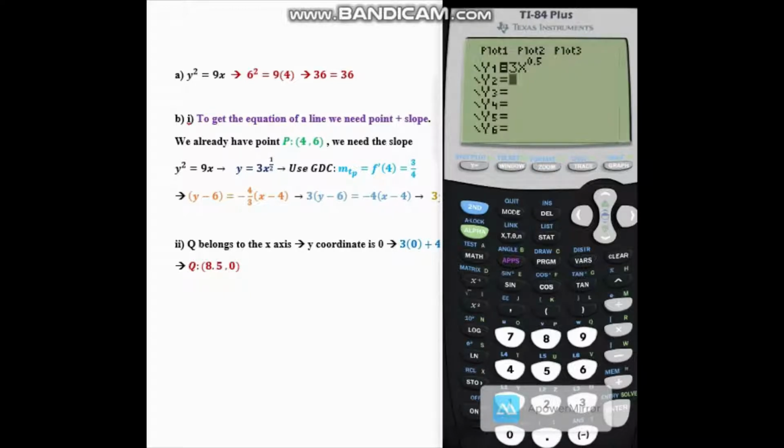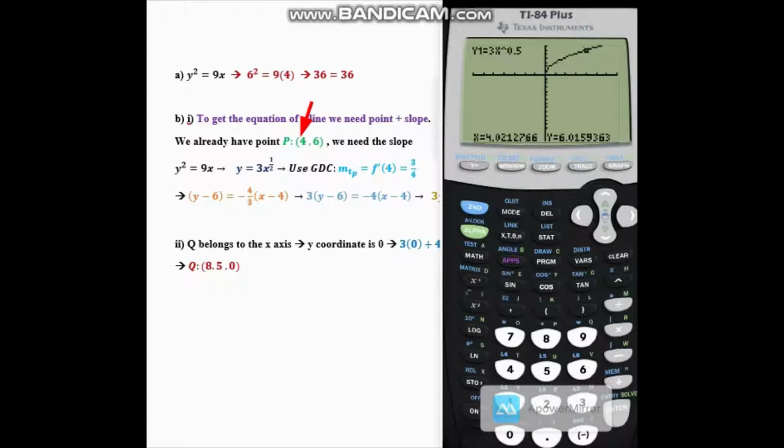So I've written down my equation onto the calculator, 3x to the power of half, right there. And next I shall click on trace. And there is the graph of my equation. I want to find the slope at the point where x equals 4.